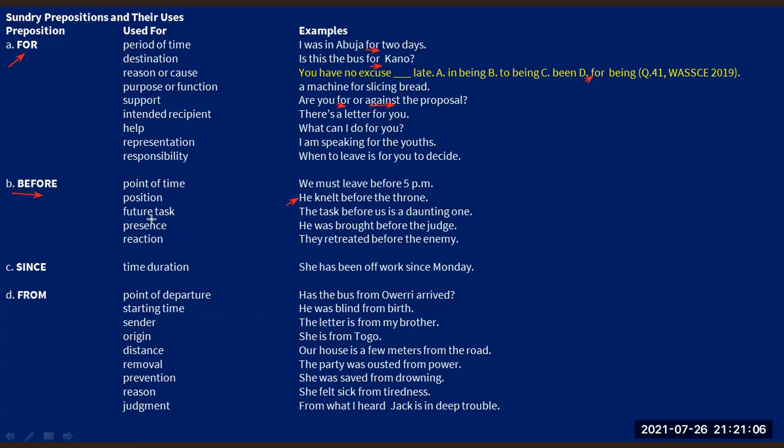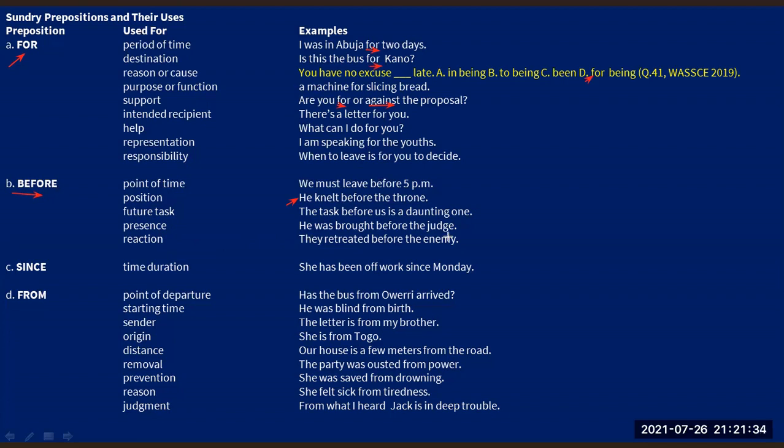To indicate a future task. For example, the task before us is a daunting one. Before us, that is in future, all right? Then to indicate presence, he was brought before the judge, that is in the presence of the judge, all right, before the judge.